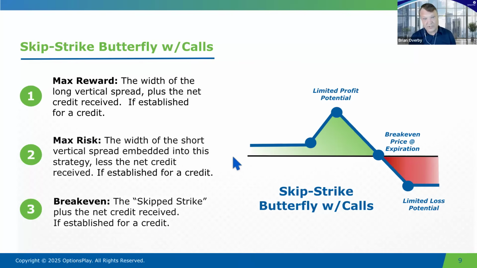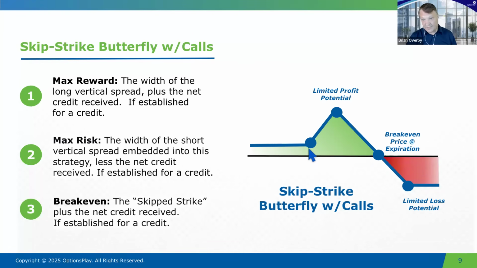What we're going to do here is a skip strike butterfly with calls. This is where you sell this for a net credit to the account, and if the market goes down, you receive that net credit in this instance.